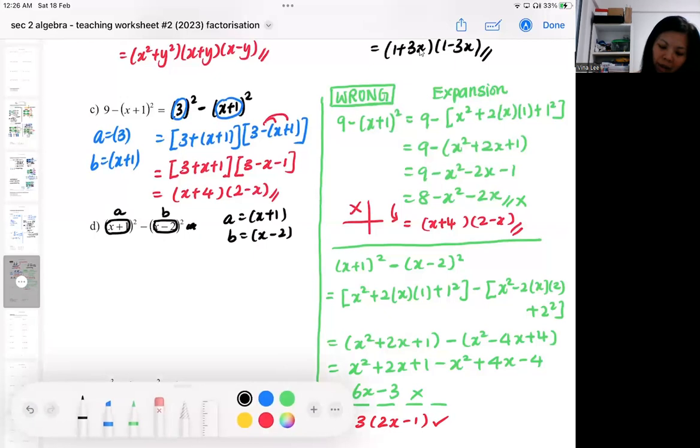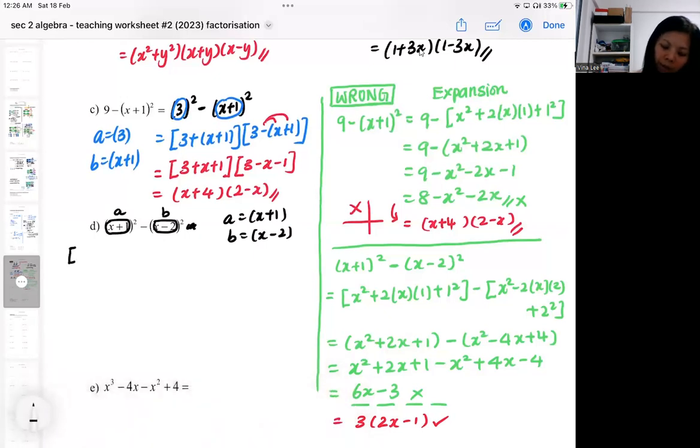The formula says A plus B, but my A is a little bit huge. Doesn't matter. A plus B and A minus B. It looks huge, but it's actually very easy to simplify.